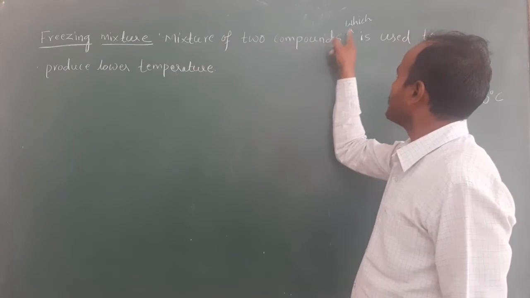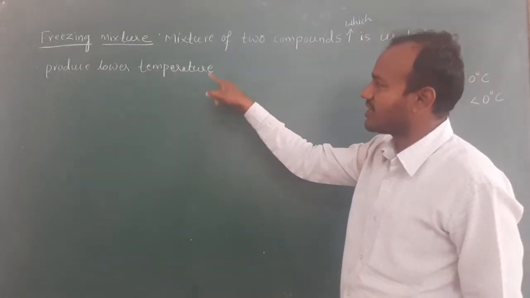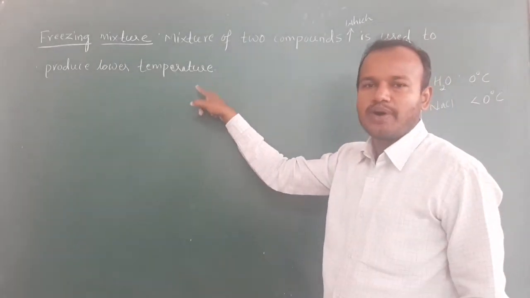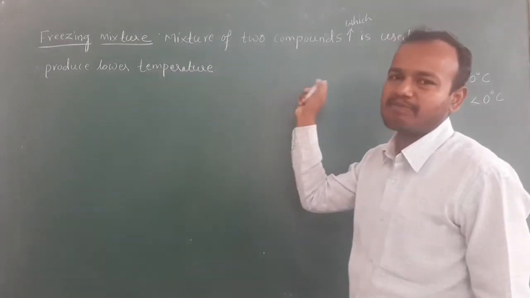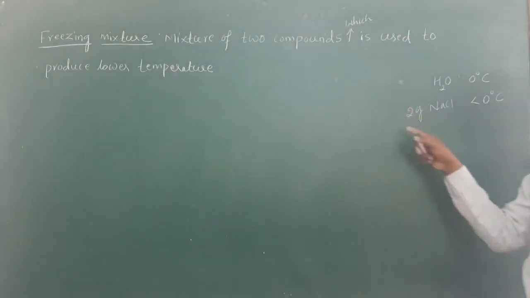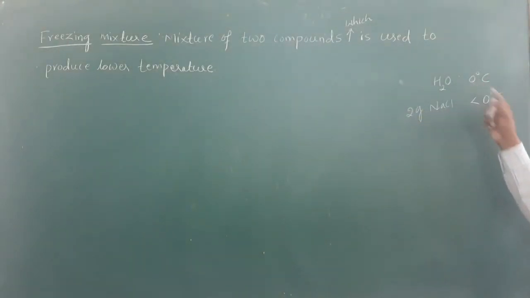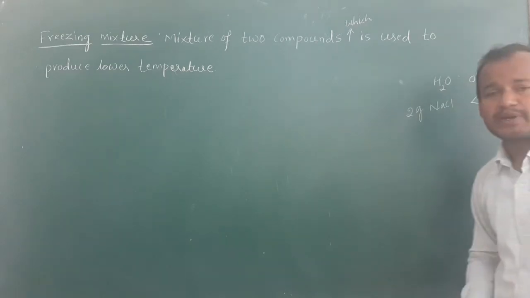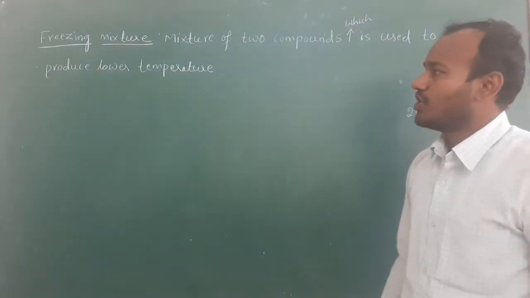If we add 2 gram of salt to the water, that produces a freezing mixture, because it is a mixture of two compounds which is used to produce a lower temperature than the freezing point of any one of the components present in that mixture. So this is the definition of a freezing mixture.